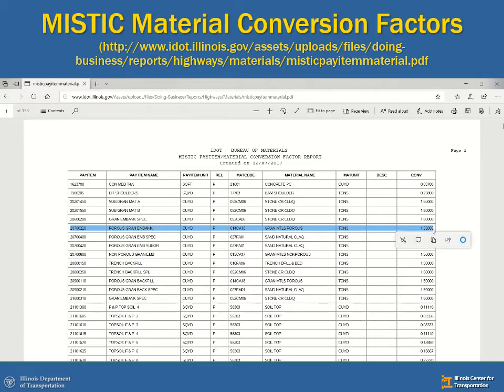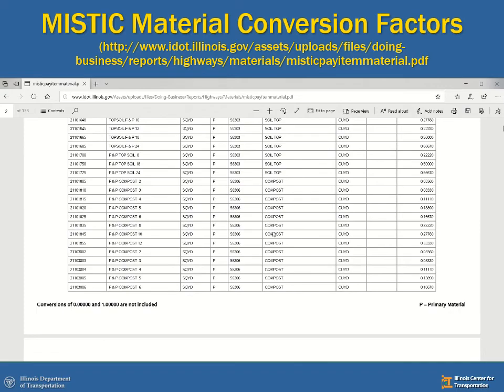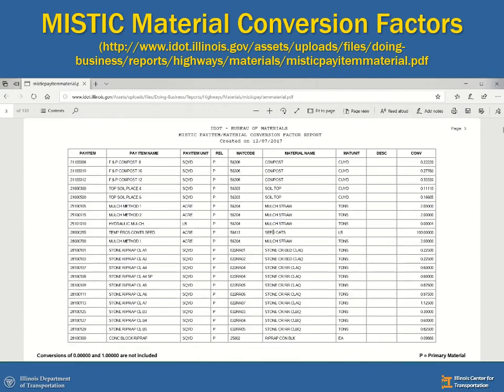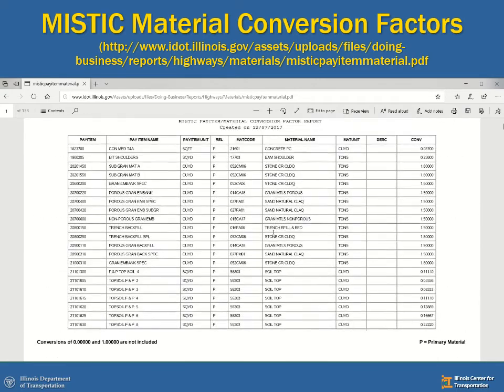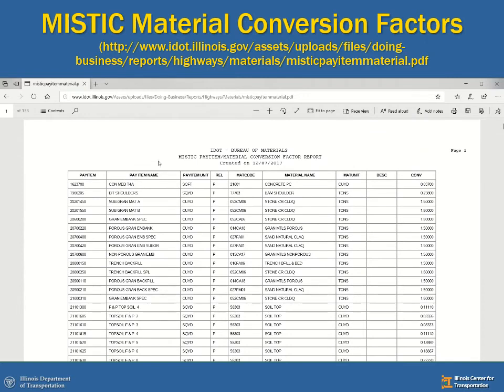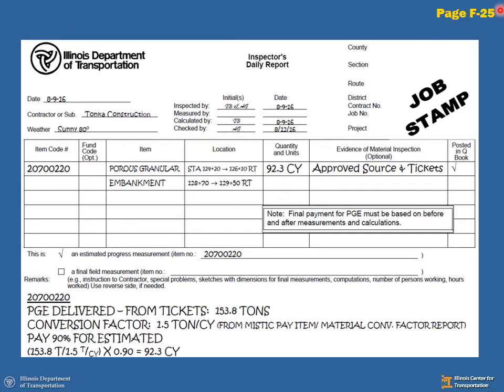Let's go back and look at an example of this. If you scroll down, you can see there are quite a few of these items, but we're going to go back and look at an Inspector Daily report where we use this pay item conversion to do some estimating. So here on page F25 in the documentation guide, you can see we are going to use our Mystic pay item conversion.